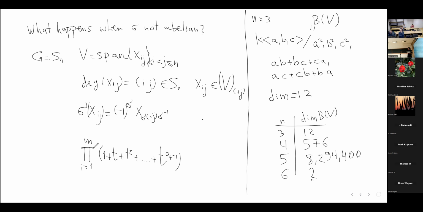Anybody else? Tomek? Yes, is there some conjecture in terms of this Hilbert function, what you obtain for n equal to 6? I don't know. As far as I know, I might be wrong about this, there isn't a conjecture about what the dimension here should be. It's just a conjecture that the dimension is still finite, but I don't know if there are expectations as to what exactly it should be.